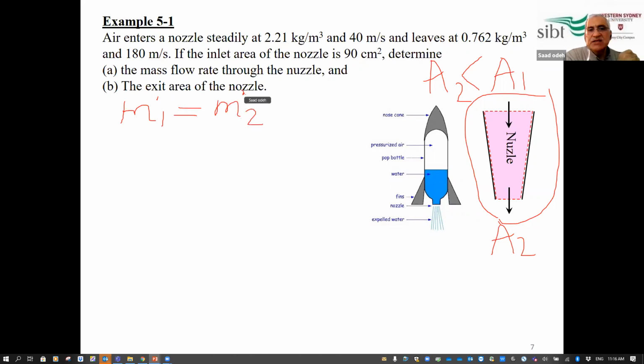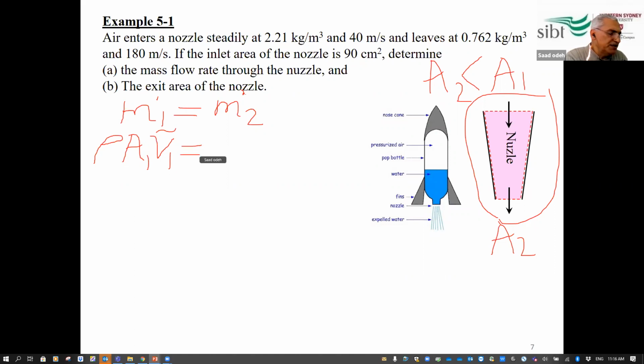This is the mass conservation. Now, what's the equation of m dot? Remember, we said rho, density, multiplied by the area, multiplied by the velocity. So rho A1 V1 equals the same thing.